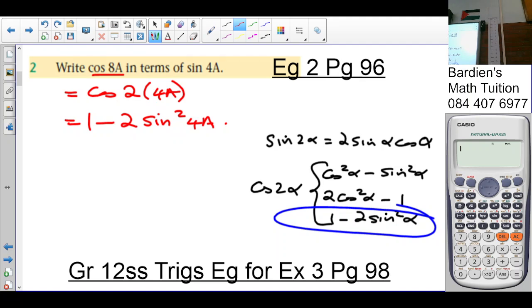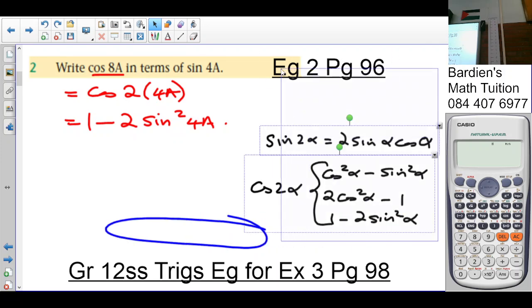Does it make sense, people? 1 minus 2 sine squared 4a. Any confusion now? Right, let's carry on.